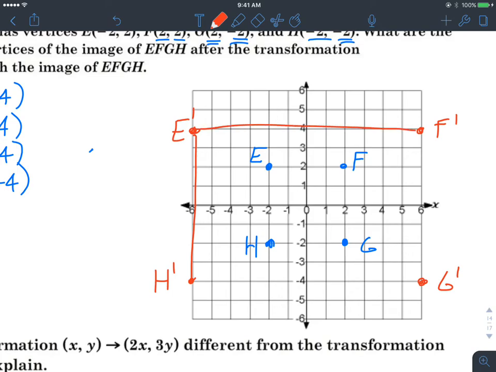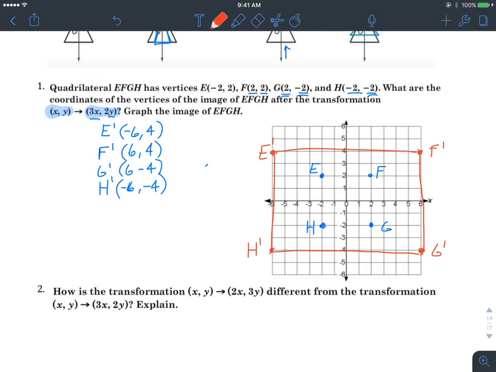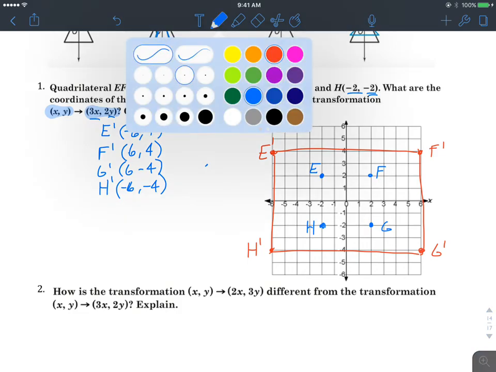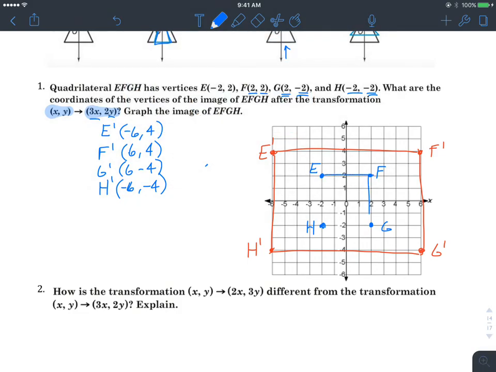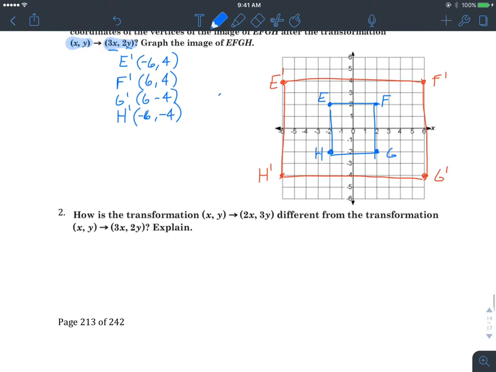So it makes it into a rectangle. And I like this example because we're scaling the x's and the y's by different numbers. So it goes from what looked like a square originally to more of a rectangular shape.